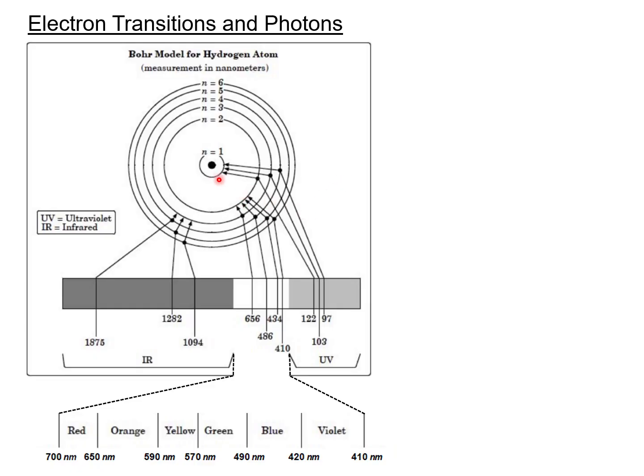So if you're going between the first energy level and anything else, all of those wavelengths end up down in the ultraviolet region. If you're going between the second energy level and anything out farther, then you end up in the visible light part of the spectrum. And then if you are looking at going between the third energy level and farther out, then that would be the infrared region.